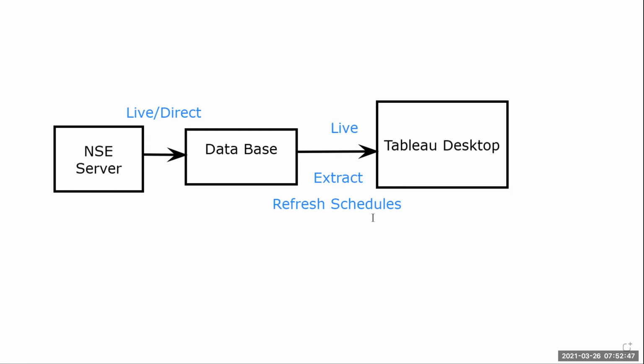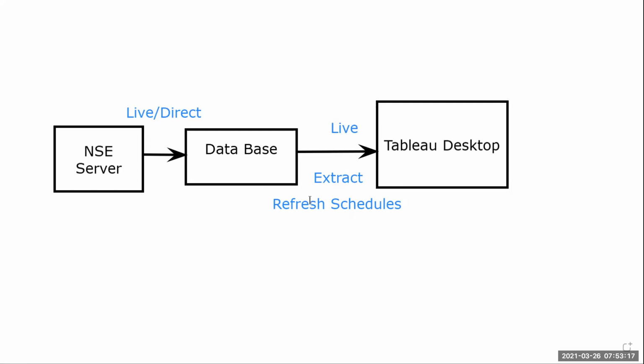If it is a live connection, it will just replicate in the dashboard directly. But with an extract connection, maybe tomorrow morning, before the extract refresh, you realize you forgot something, and then you can make that change. When the scheduled refresh happens, whatever is required will automatically replicate in Tableau Desktop.